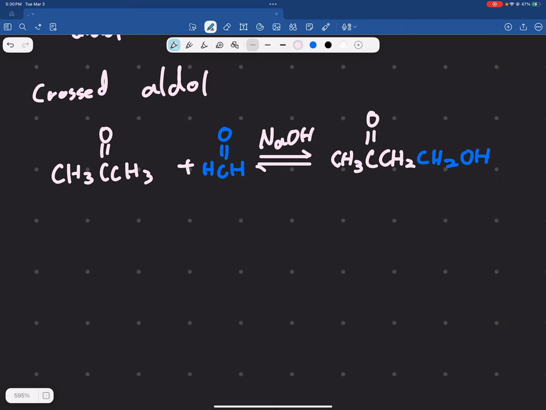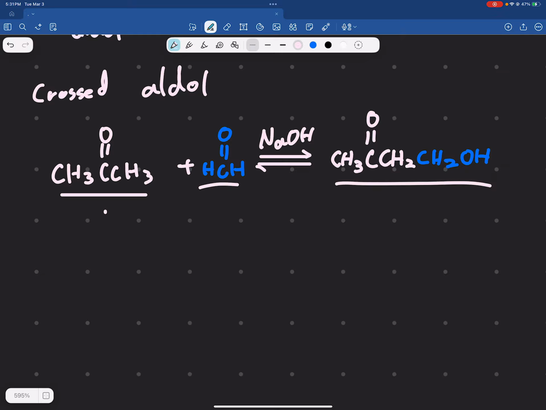So it's similar to the self-aldol reactions, except in a cross-aldol reaction, one molecule provides the enolate ion and the different molecule provides the carbonyl group. And of course, this molecule can actually undergo self-aldol reactions.